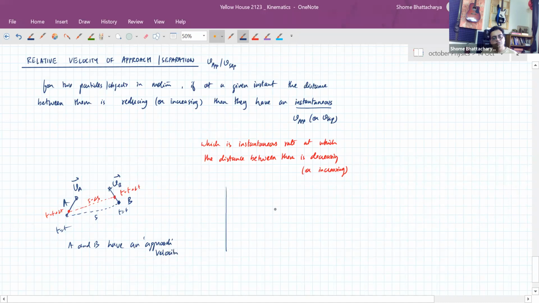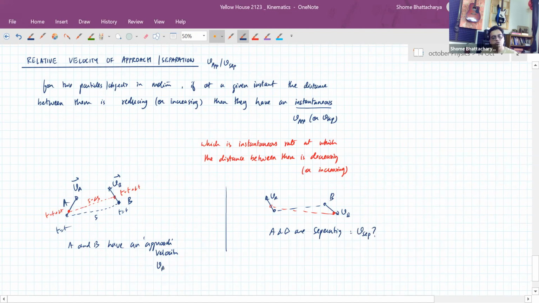But it could be another situation where, let's say, A is moving like this and B is moving like this. Now what is happening is after some time, the distance between them is increasing. So here they are separating, they have some separation velocity.